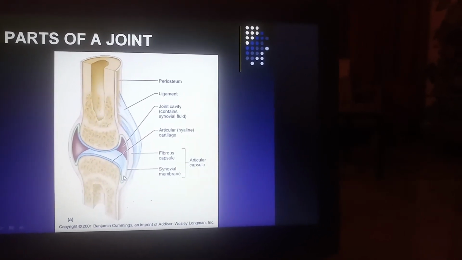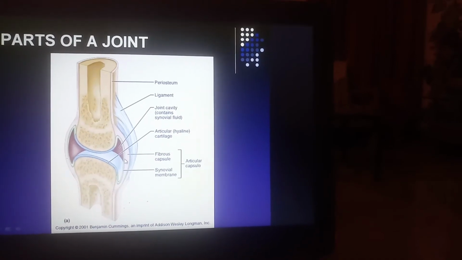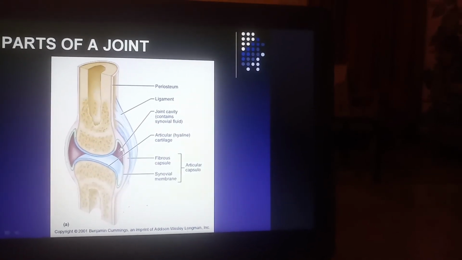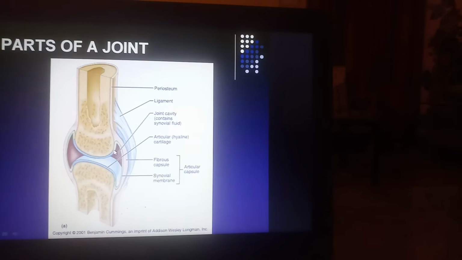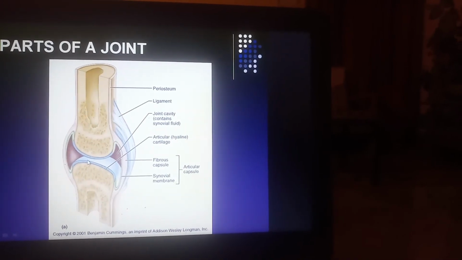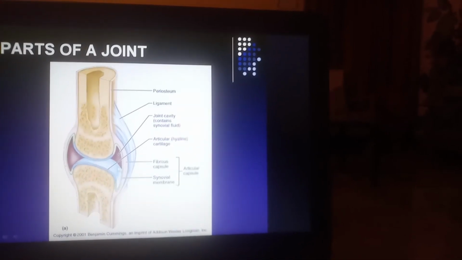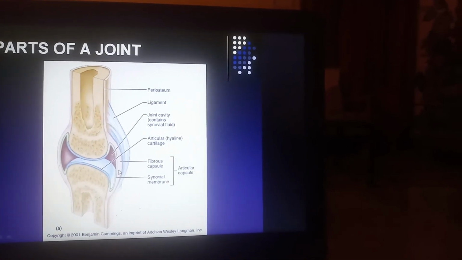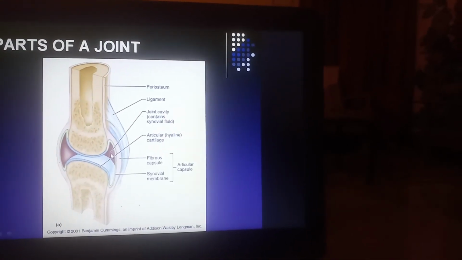This synovial membrane will secrete the synovial fluid, which will come into the joint cavity, and this fluid will in turn act to reduce the friction between these bony articulating surfaces.